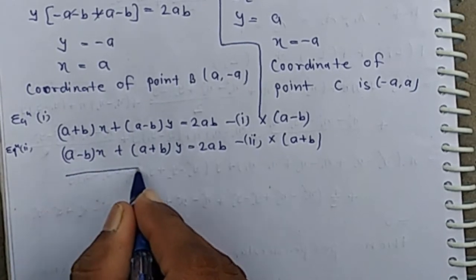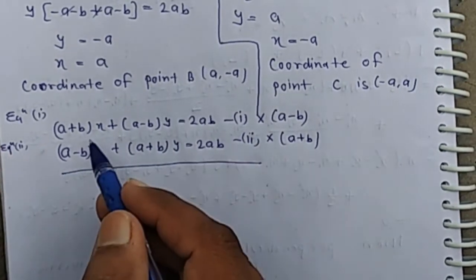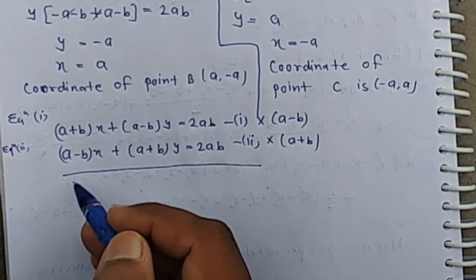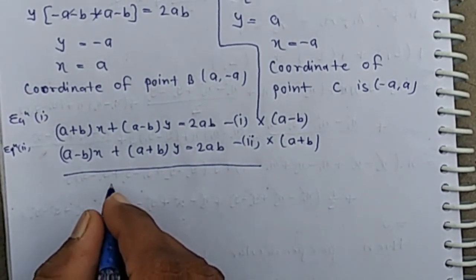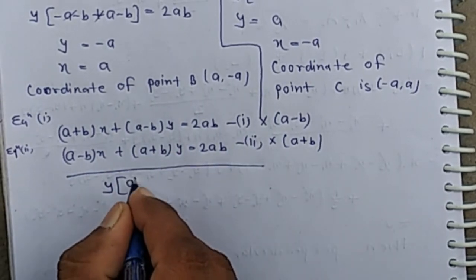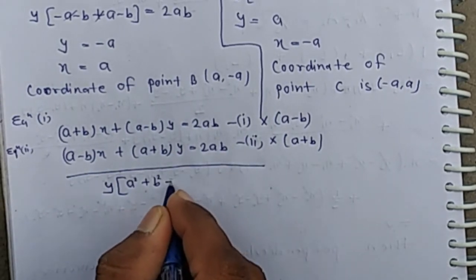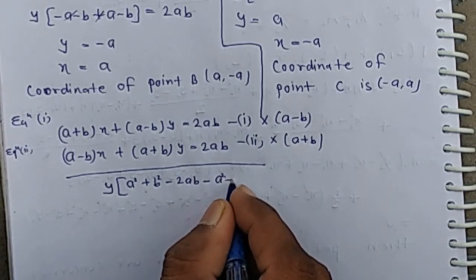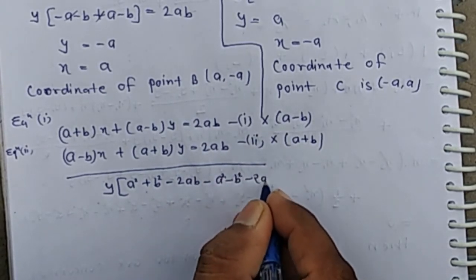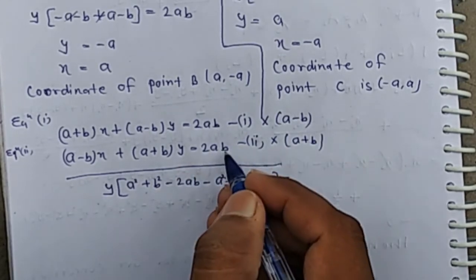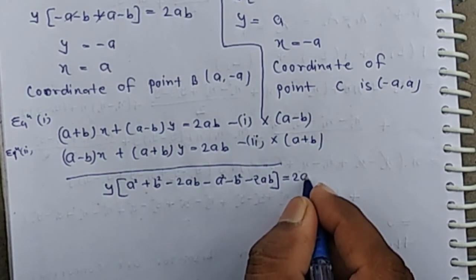We get (a minus b) into (a plus b) into (a minus b), and on subtracting, x cancels out. We have y times (a minus b) whole square, which means a square plus b square minus 2ab, minus a square minus b square minus 2ab, equals 2ab into (a minus b) minus 2ab into (a plus b), 2ab common.